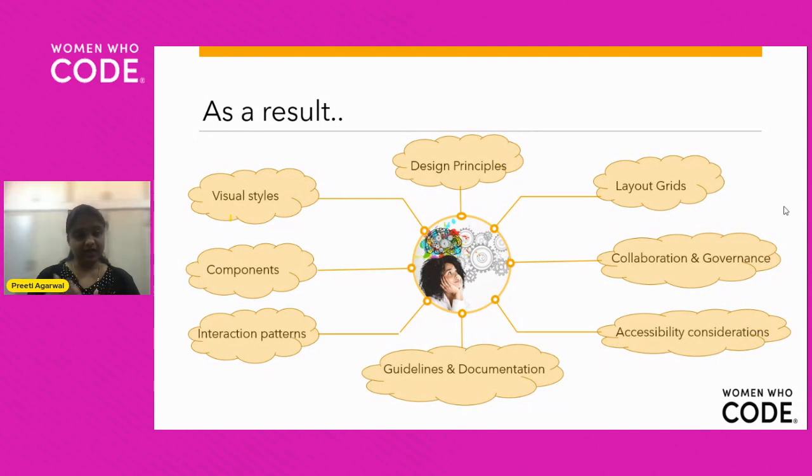And so on, they went with guidelines and documentation, because it is important to have the guidelines of how to implement the design system, and you also need to document how to use this design system and reference to what, where is what. And then they had some accessibility considerations also. When they finished the design and got this, they were very happy that, we achieved this.